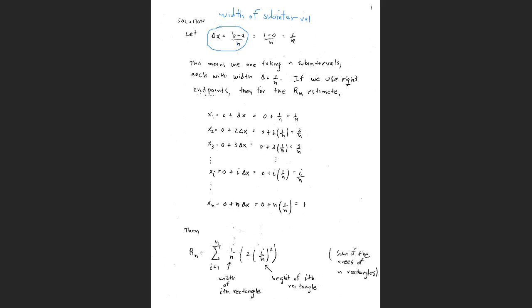n is your number of subintervals, and the value of a is the left endpoint of your interval, and the value of b is the right endpoint of the interval. So the situation is you have an area here, you have some function f of x, and the function starts at x equals a and ends at x equals b.